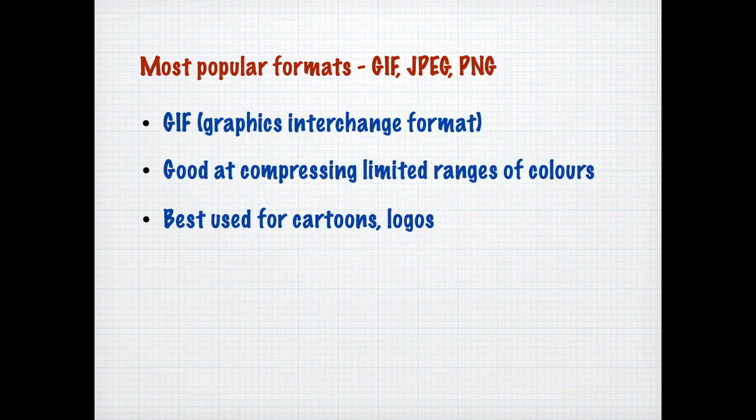So I'll just quickly whiz through these. GIF and JPEG, those were the original file formats used on the internet, on the World Wide Web, when the World Wide Web first started. GIF, very good at compressing a limited range of colours and actually showing those colours. So, for example, cartoons, things where there is a limited palette set, for example, cartoons, logos, things like that.